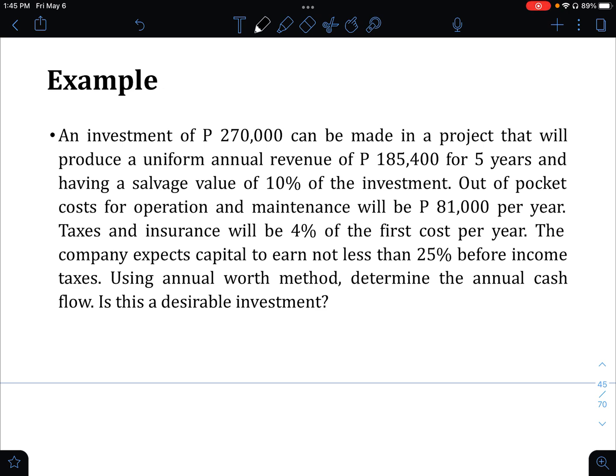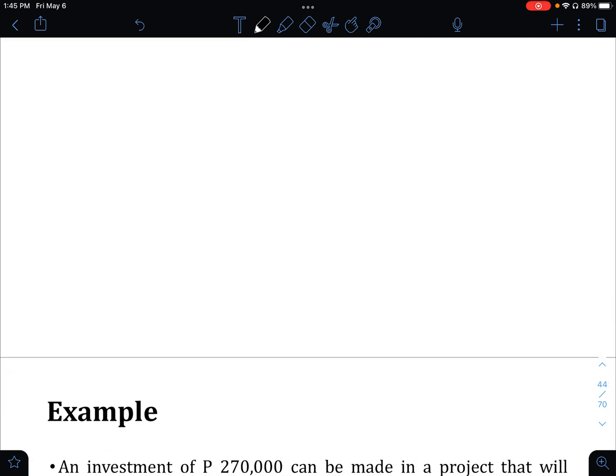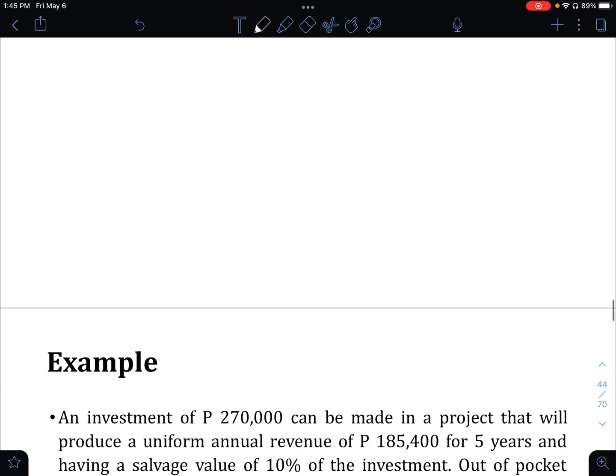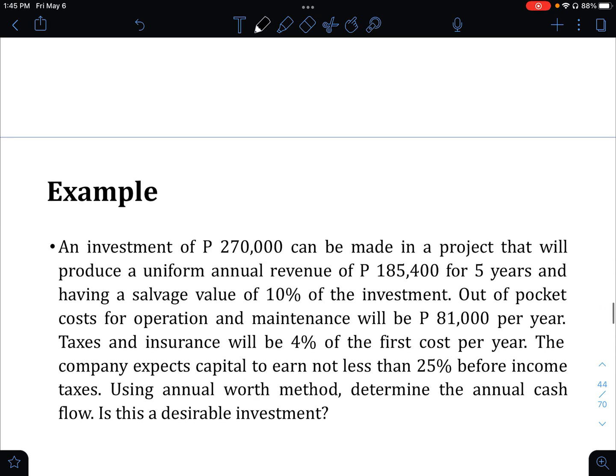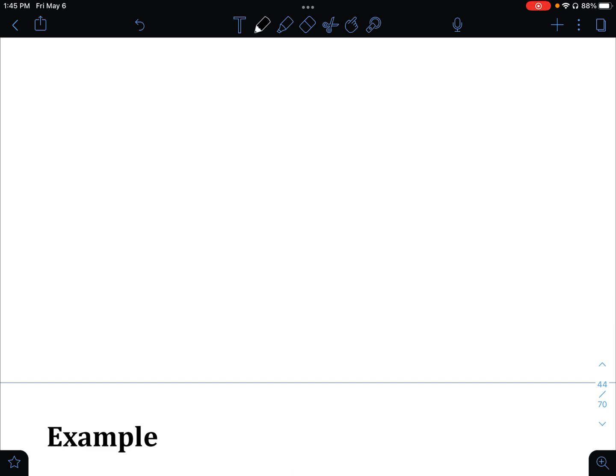So, by annual worth method, you remember that in annual worth method, ang key to remember is included ang interest sa original investment sa imong cash outflow, sa imong cost.